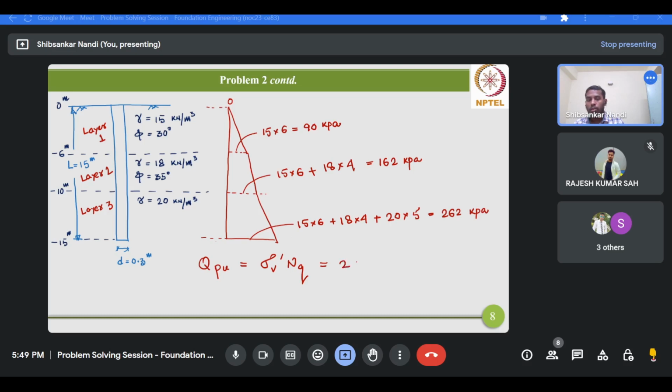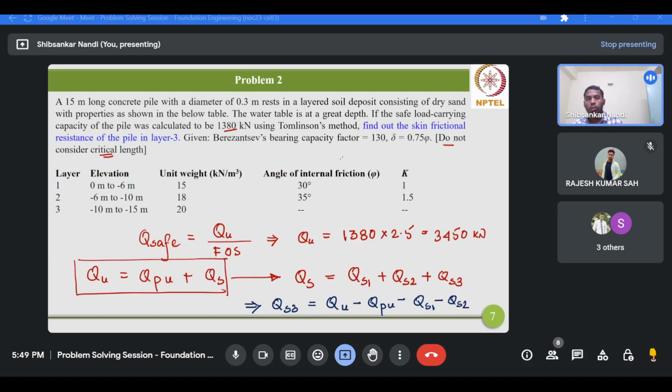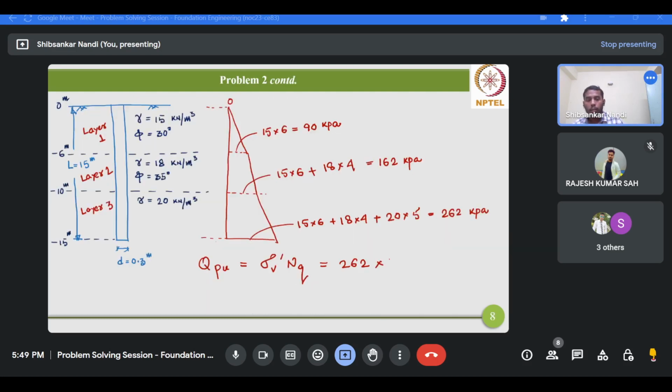So that means 262. And what is NQ? NQ is given in this problem as 130. So this is the bearing capacity factor. Now if you multiply, okay, sorry, so this is small QPU.